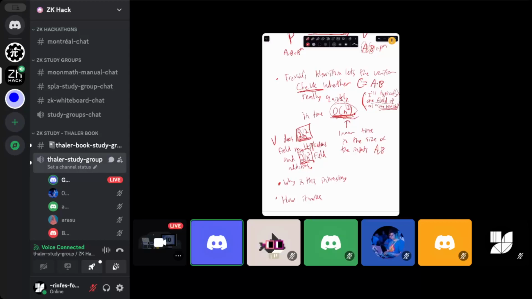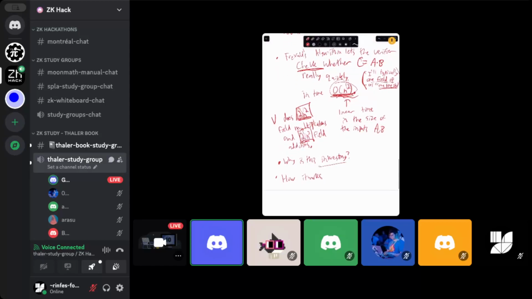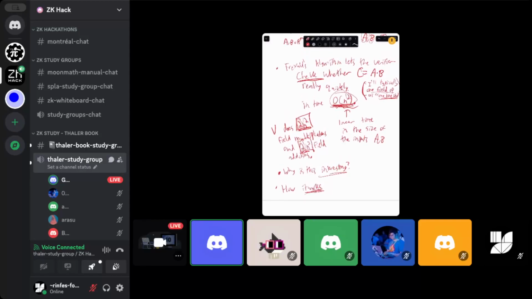That is why this is interesting, and I'll elaborate shortly, and then I'll tell you how the algorithm works. But I've been talking like 20 minutes straight without pausing, so let me stop here and see if anyone wants to ask any questions, either about the recap of last time or about the setup for Freivald's algorithm.